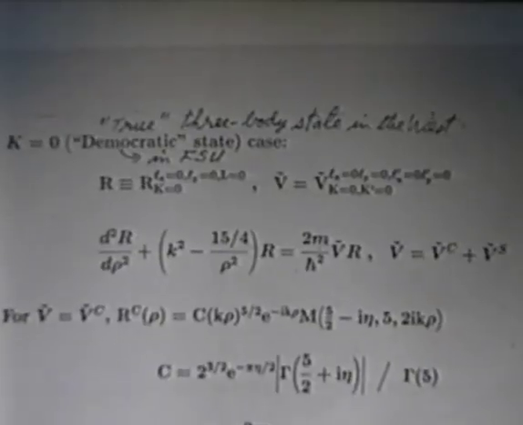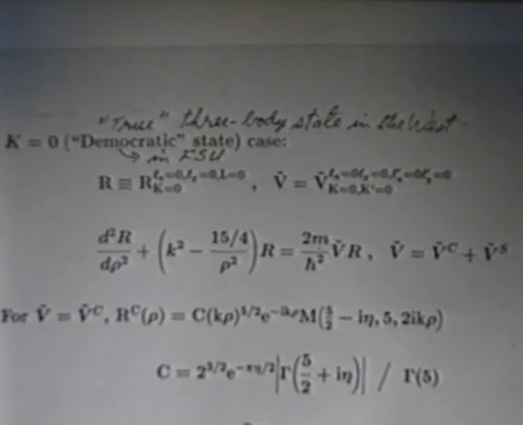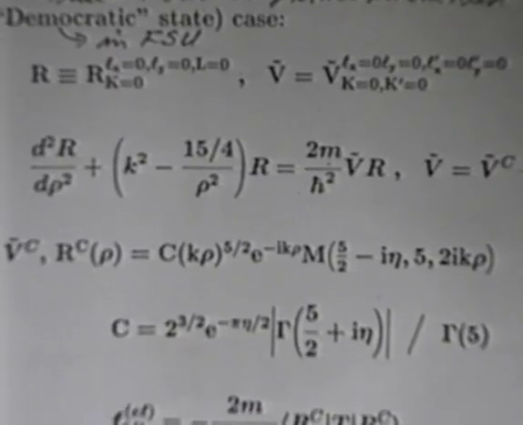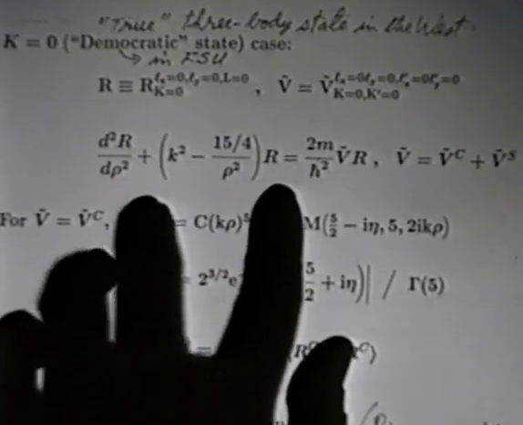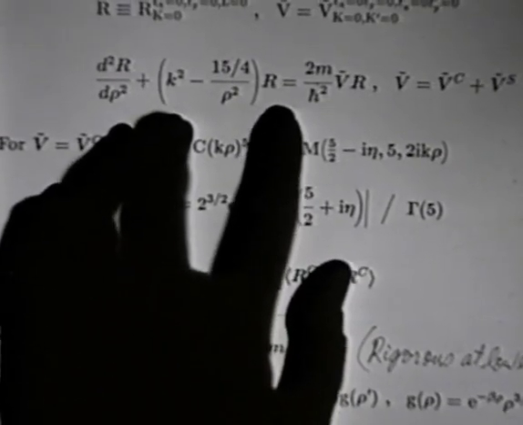When you make this approximation, it's known as the true three-body state in the West. In the former Soviet Union, it's known as the democratic state, because they were in a communist country. But anyway, one can write this equation from the three-body equation.